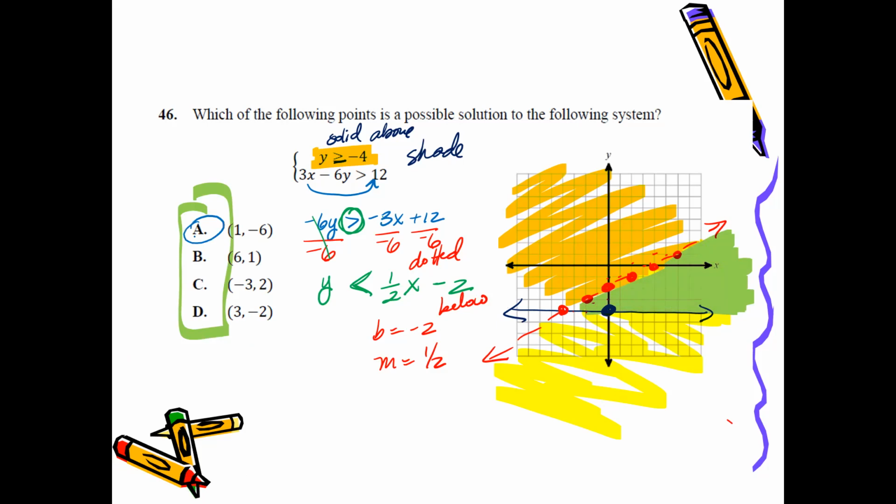Let's check A: 1, -6. So here's 1, 1, 2, 3, 4, 5, 6. Is that in the green area? No. So that's not your answer. Now you check B, C, and D. Plot B, C, and D and see if they are in that green area.